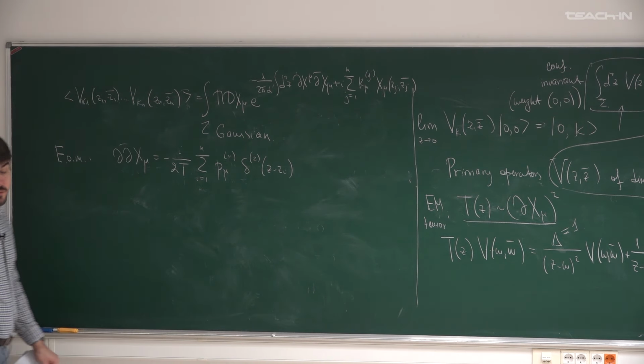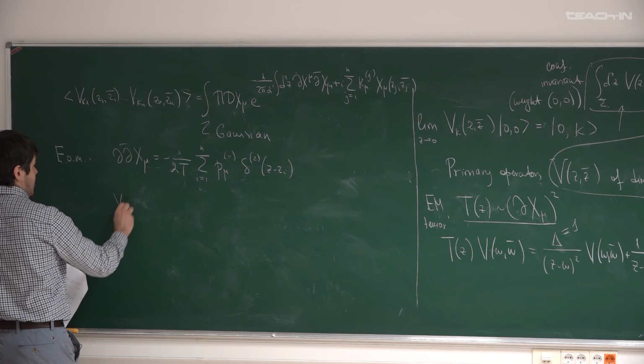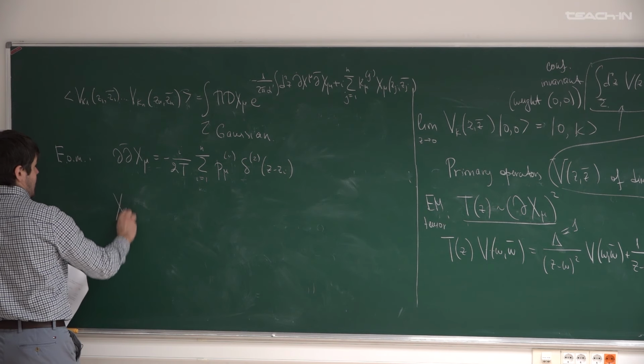This is the Poisson equation that we started with, but now let's write down the solution of this equation. The solution is x mu equals minus i alpha prime over 2 sum over j of k j mu log of the modulus of z minus z j squared, j from 1 to n.